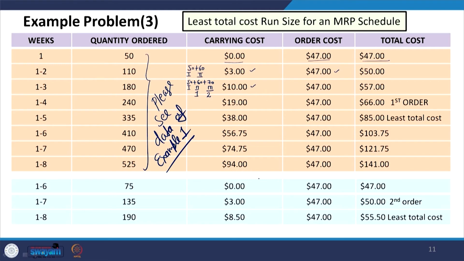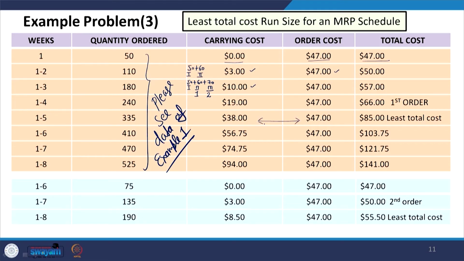As you go from 1 to 8, you will incur carrying cost for up to 7 periods. Looking at the total cost column, our least total cost values are those where both these quantities are in a relatively balanced condition, and that is coming at this particular level.